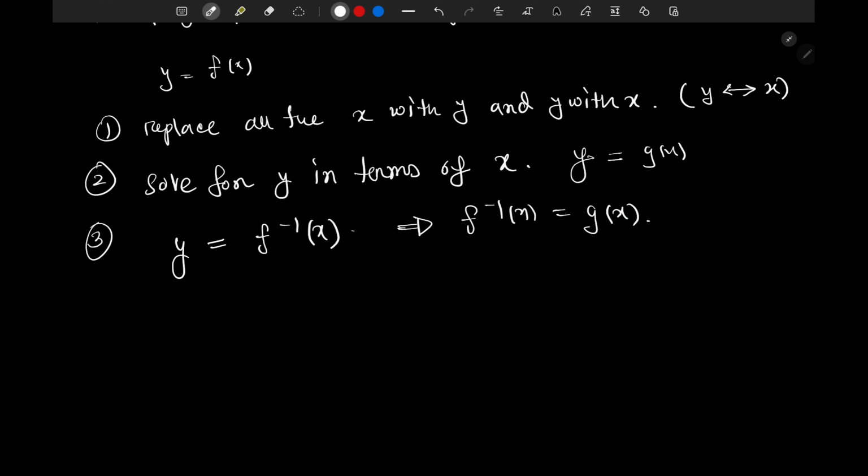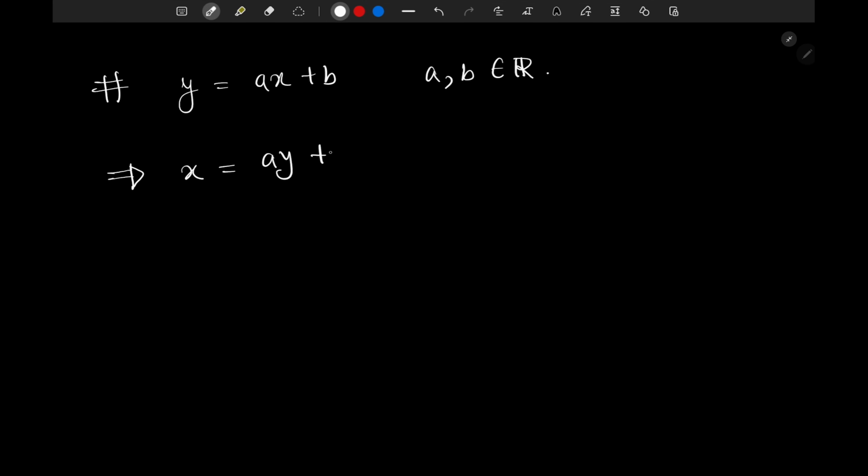If this seems confusing to you, I'll show you an example of how to do it. So let's start with a very simple example, that is the linear function, y equals ax plus b, where a and b belong to the real numbers. Now what we want to do first is replace y with x and x with y. So this is x equals ay plus b.